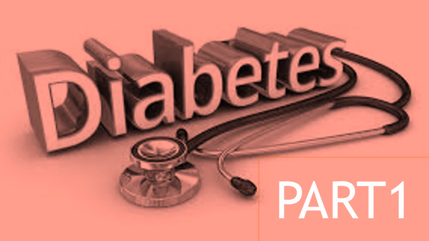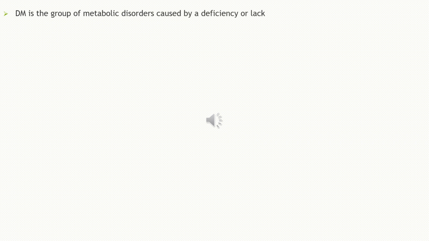Today, I'm going to explain to you about diabetes in the simplest way possible. Diabetes is a group of metabolic disorders caused by a deficiency or lack of insulin, leading to continuous elevation of blood glucose concentration.